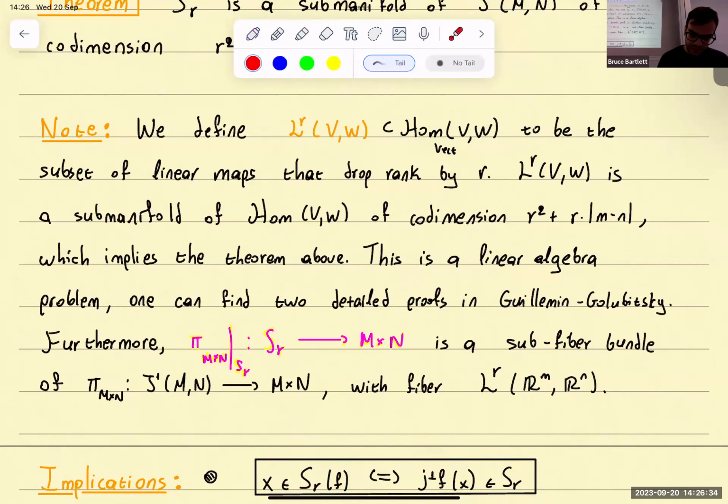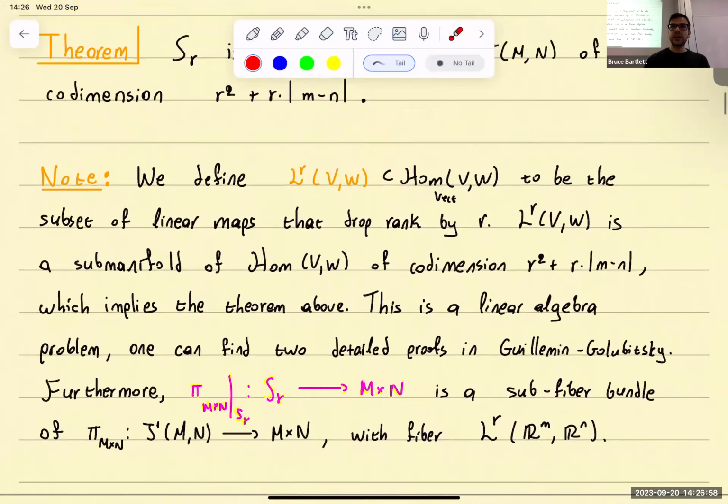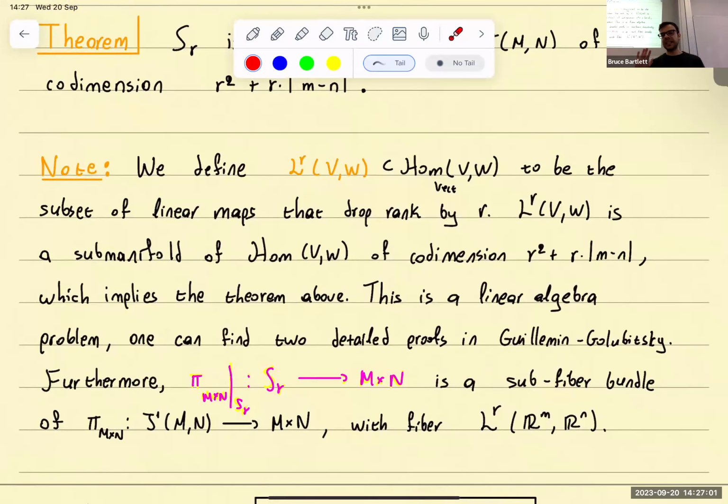Remember that the fiber in this vector bundle is Hom from R^m to R^n, and the fiber of the subbundle would be this L^R from R^m to R^n. Very elegant. So it's basically what you can wish for works, which is one of those moments.